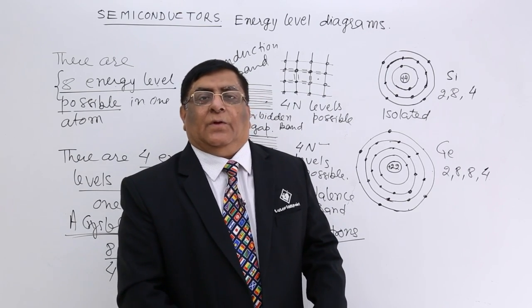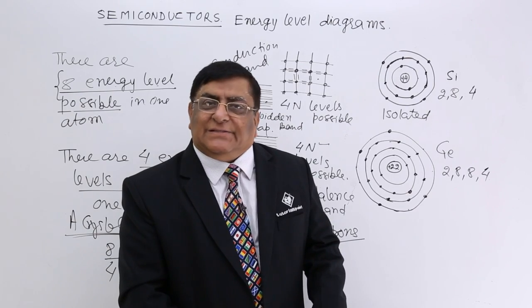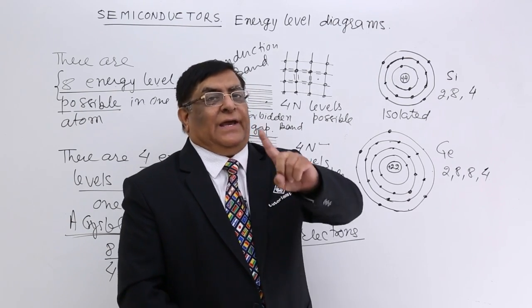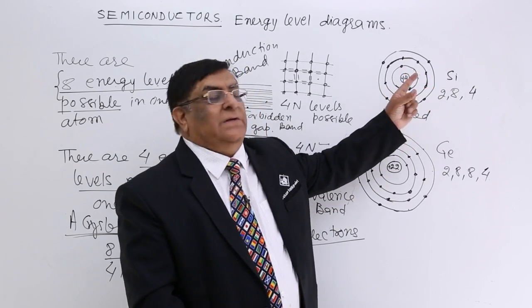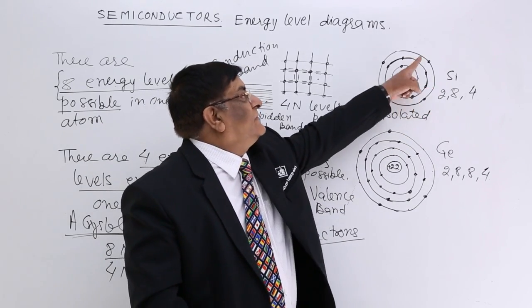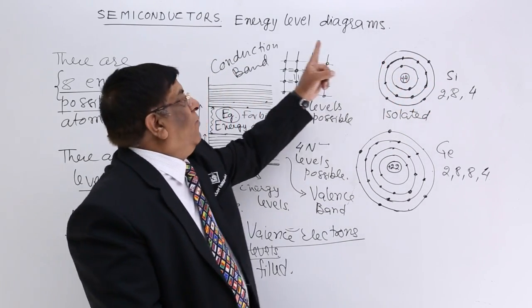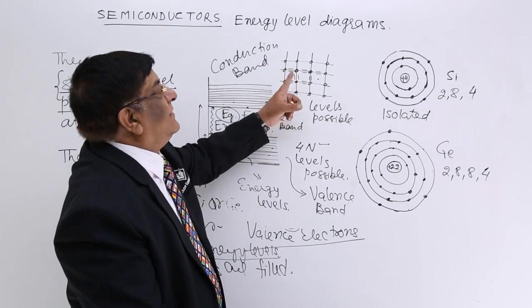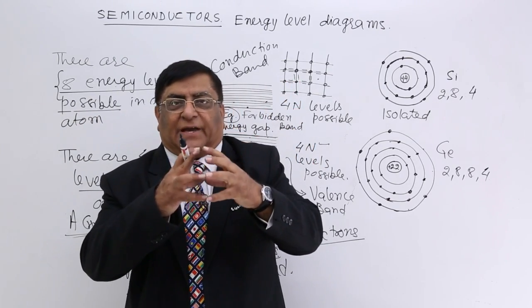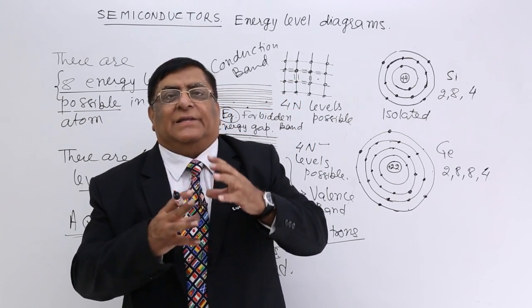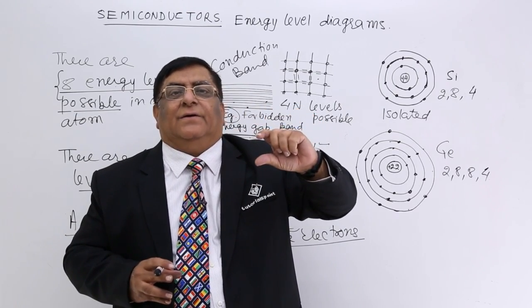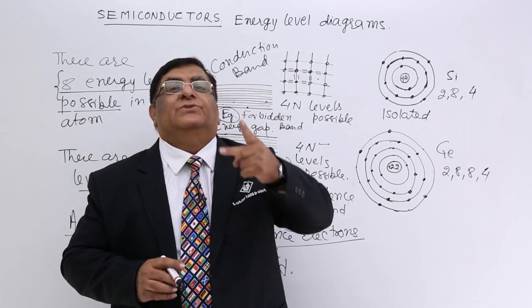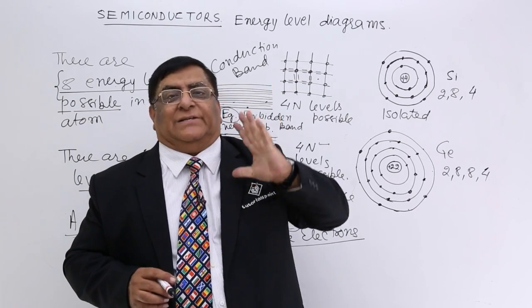So what we have studied is that in a single isolated atom, the energy of electrons may be equal, but when they form a crystal, there is a redistribution of energies and their energies become separate, but there are clear-cut two types of energy bands.